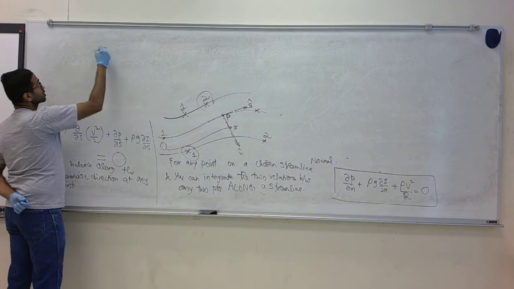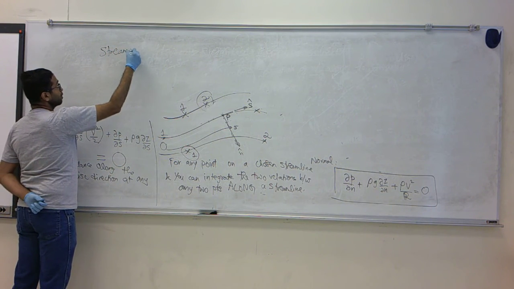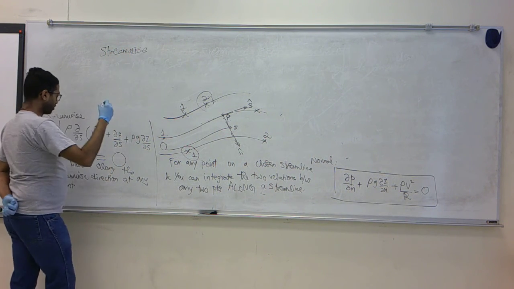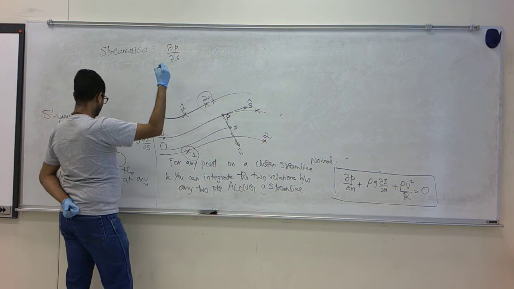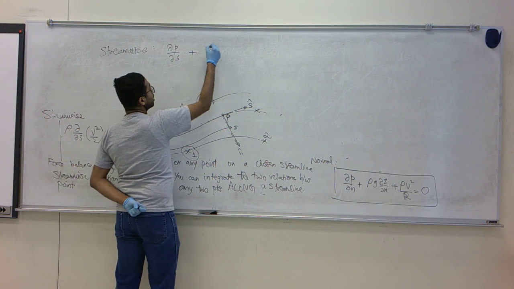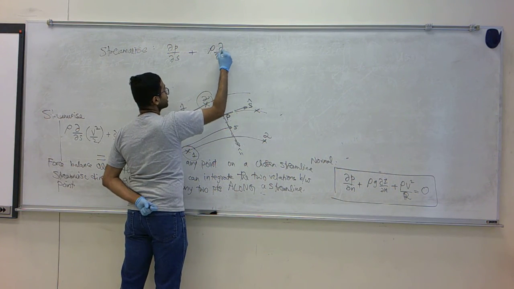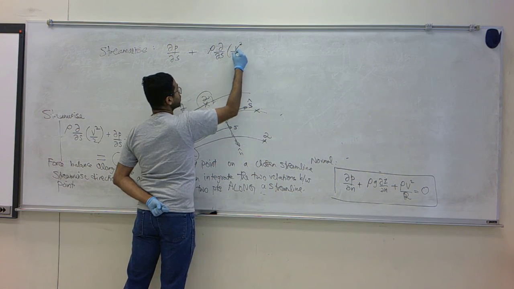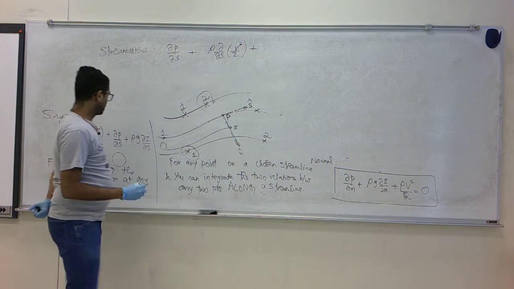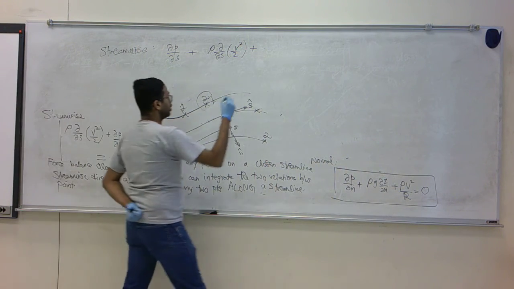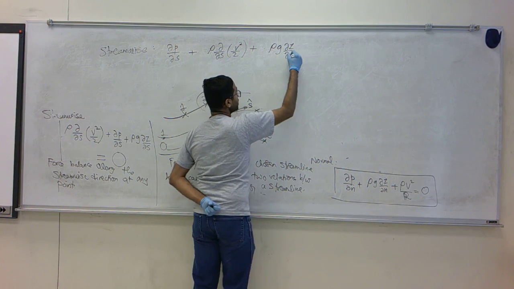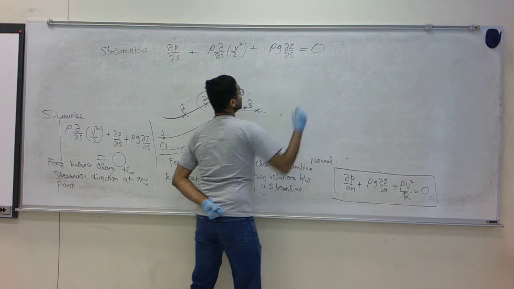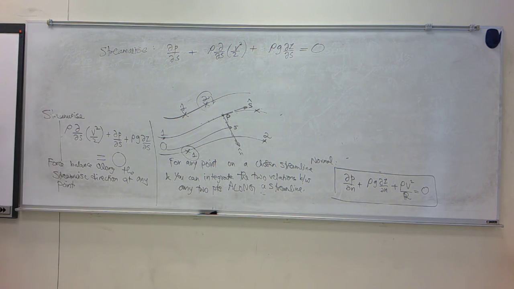So for the streamwise component, we will write partial P over partial S plus rho times partial S of V squared over 2 plus rho G times partial Z over partial S equals 0 for the streamwise component.